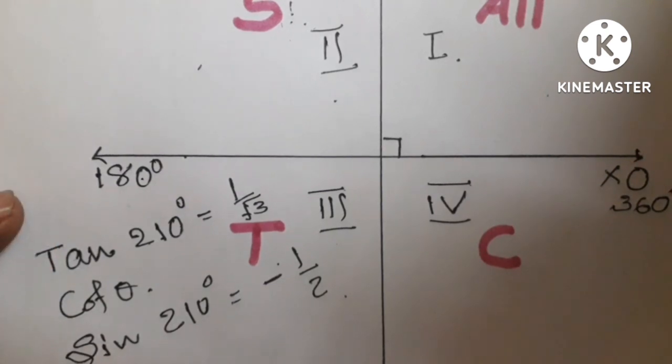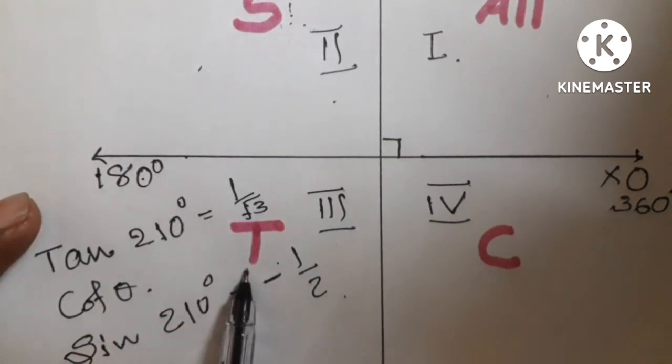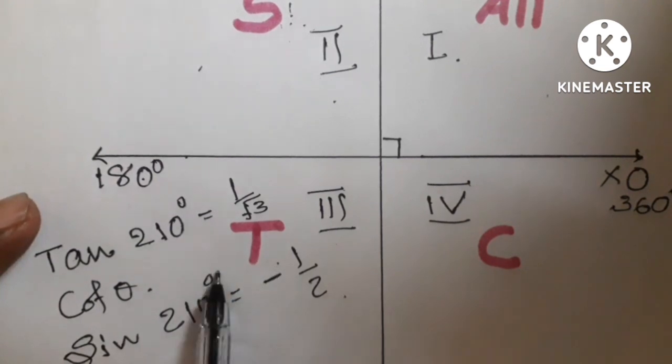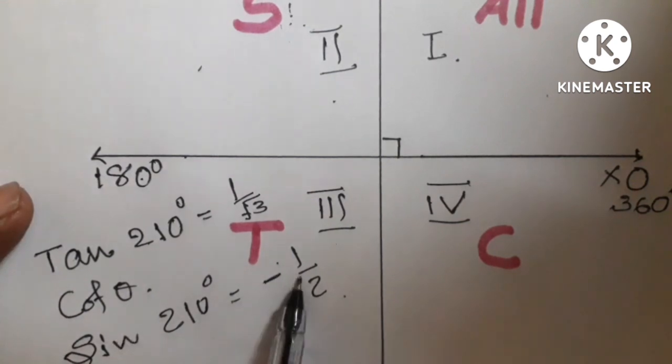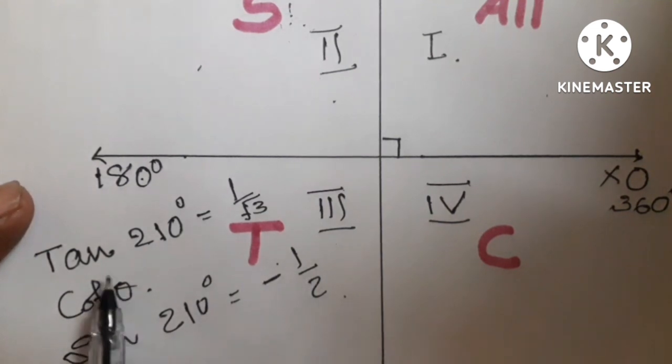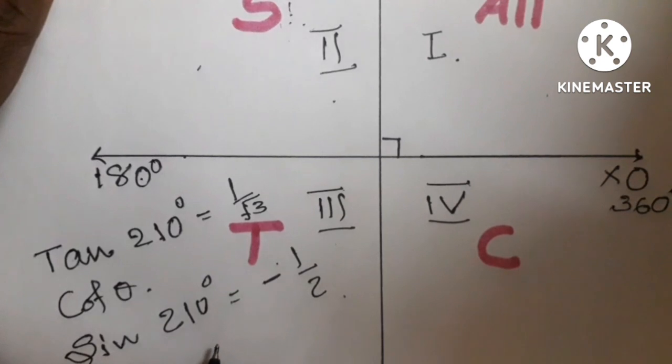In this third quadrant, tan theta and its inverse, cot theta, are the only positive values, and the remaining values are negative in the third quadrant.